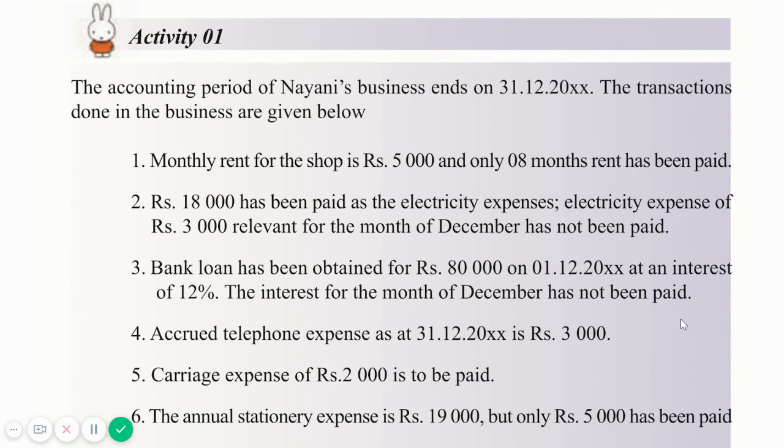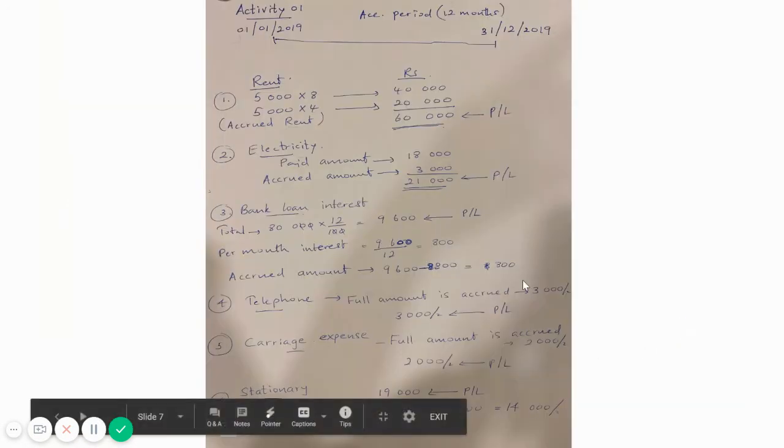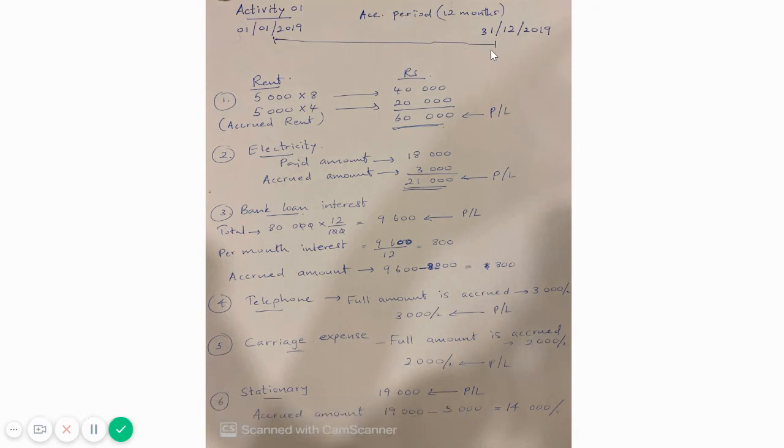Now, when you are given a sum like this, the first thing that you have to be clear about is the accounting period. Here the accounting period ends on 31st December, they said, with relevance to Nayanee's business. So I have worked out that our accounting period's last date is 31st December 2019.